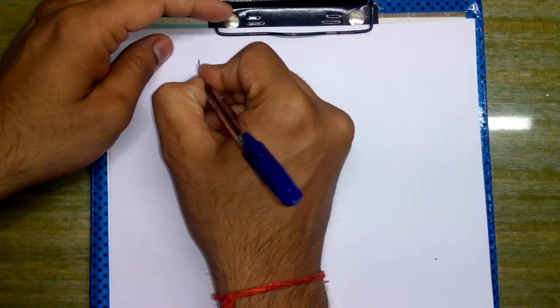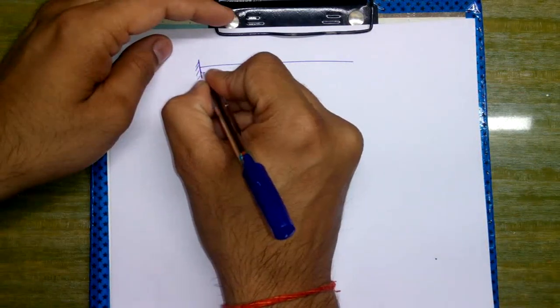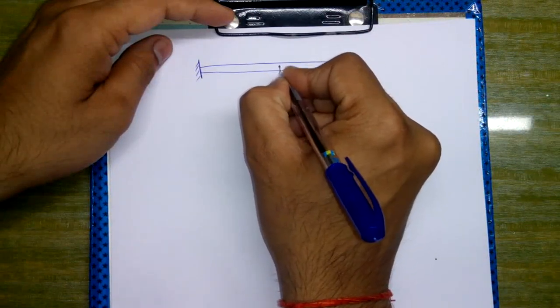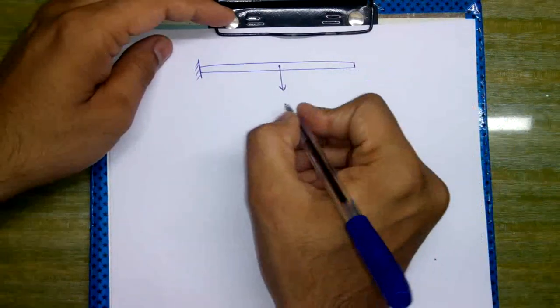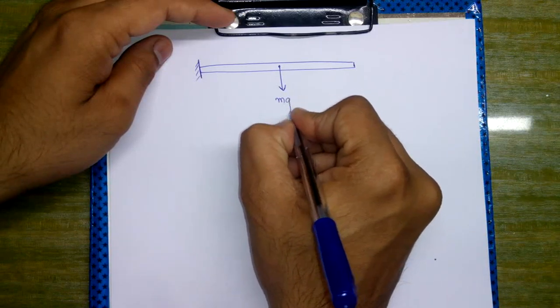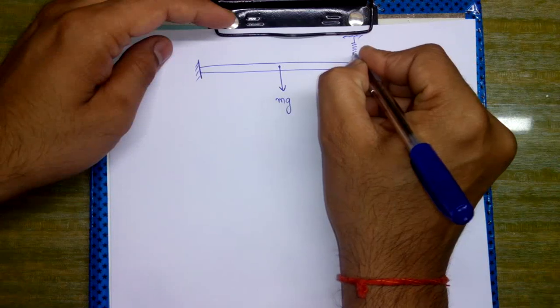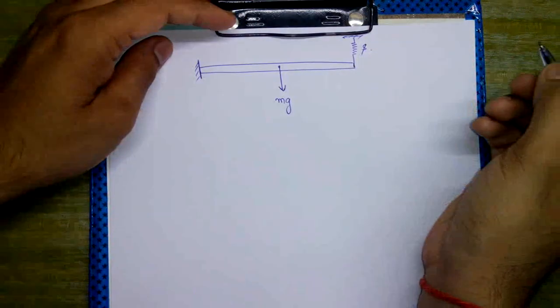For example, we have been given this type of system such that the mass of this rod or beam is m, so the weight is mg in this direction. Here we have a spring of stiffness s.